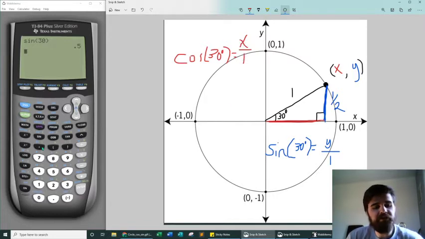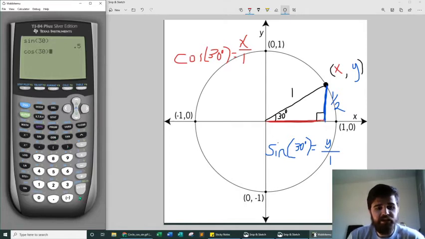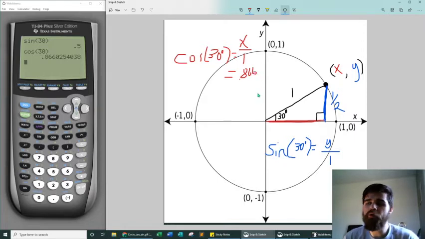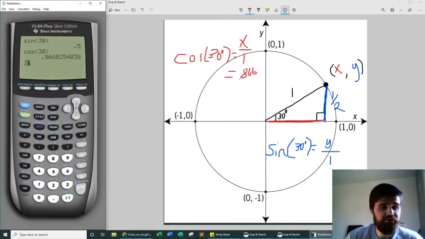Cool, we can throw that into our calculator, and it'll tell us that's about 0.866, okay? So the cosine is about 0.866 or so. We're going to talk about a different way to represent that same value, and that is the square root of 3 divided by 2.